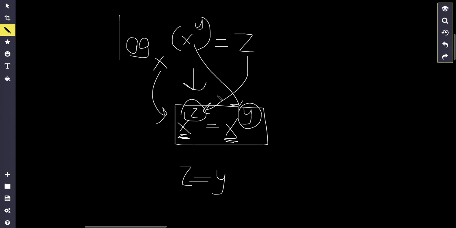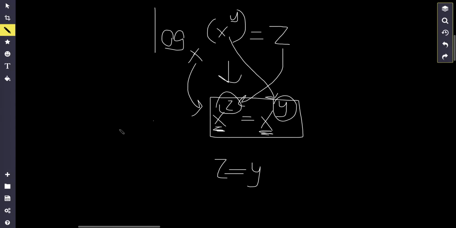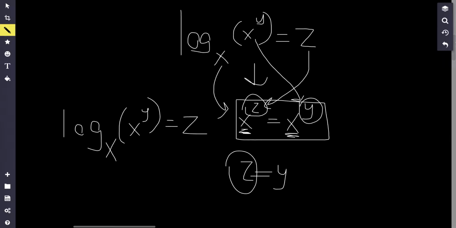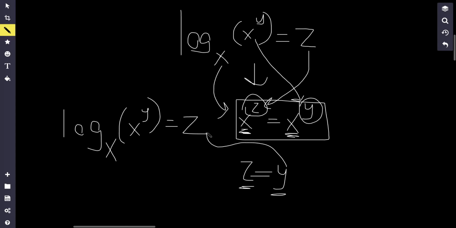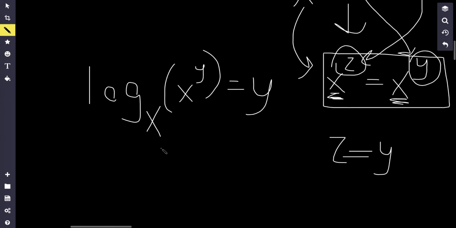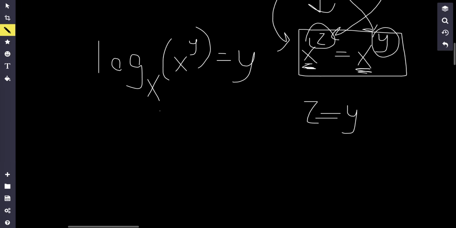So we said that log base x of x to the y power is equal to z, but we know that z is equal to y, so we can substitute a y instead of a z. Log base x of x to the y power is equal to y. And this is a pretty useful theorem.